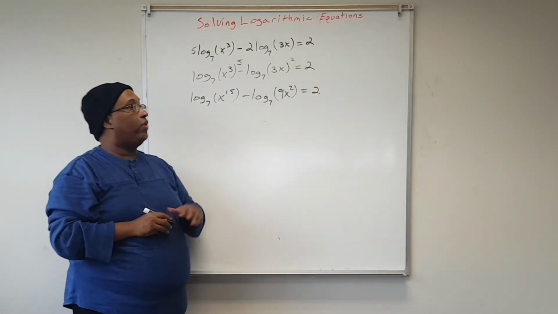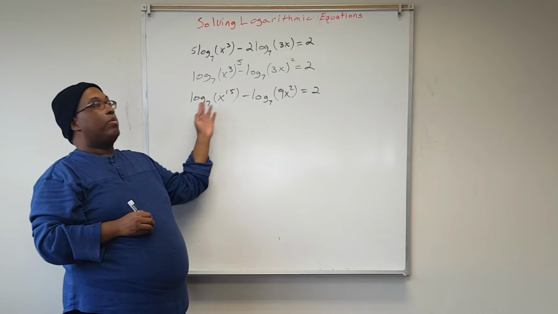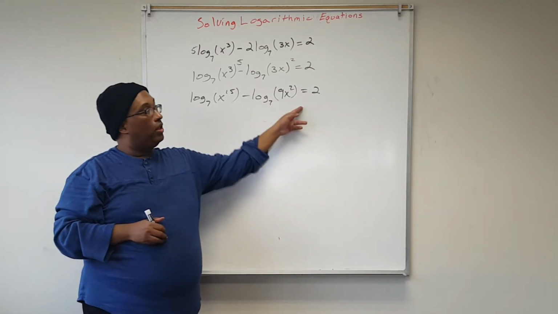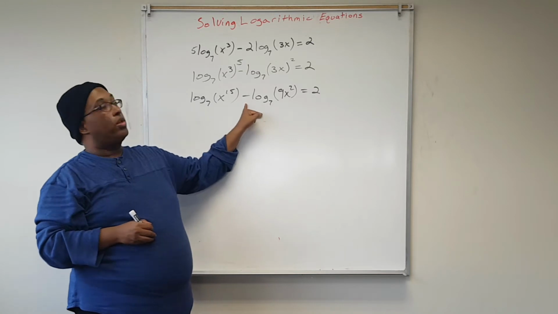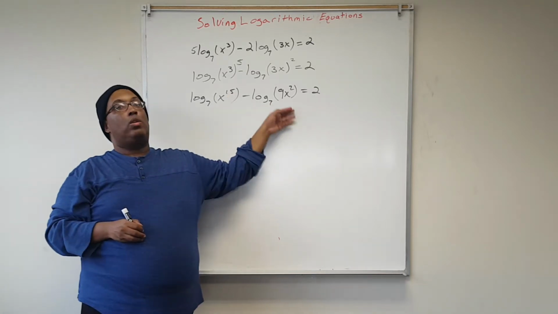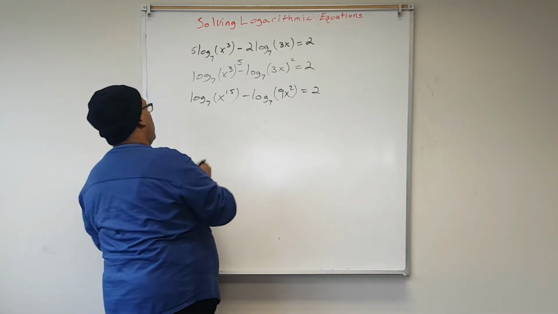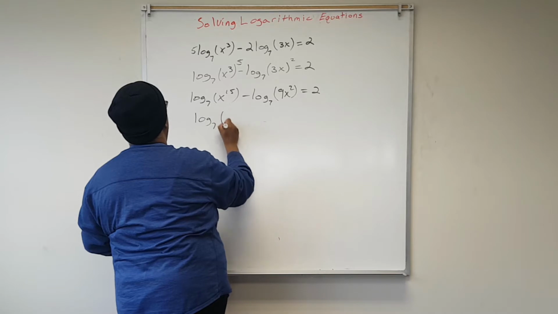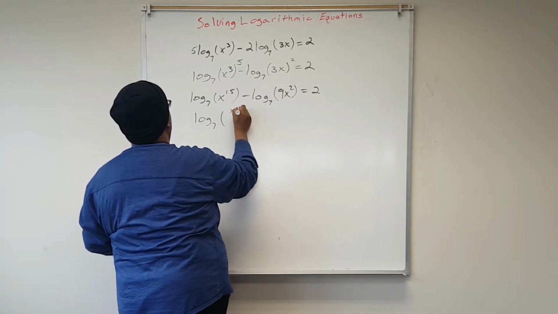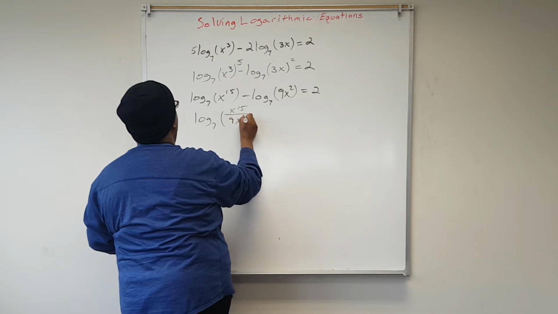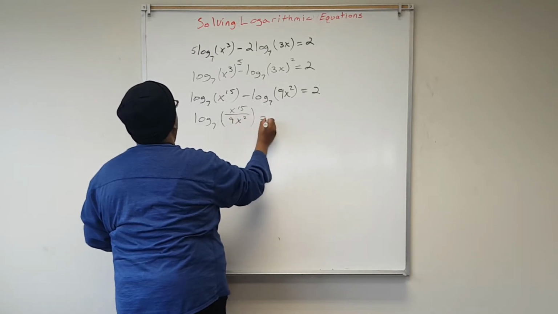Before we said if you're adding logarithms with like bases, you multiply the arguments. When you're subtracting, you have to divide your arguments. So we get log base 7 of x to the 15th, all divided by 9x squared equals 2.